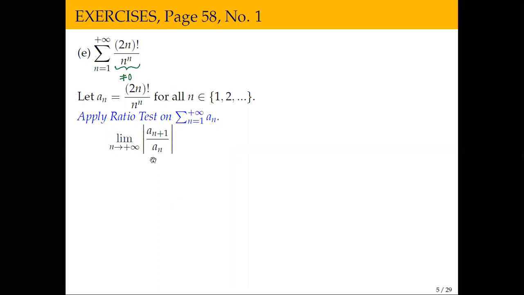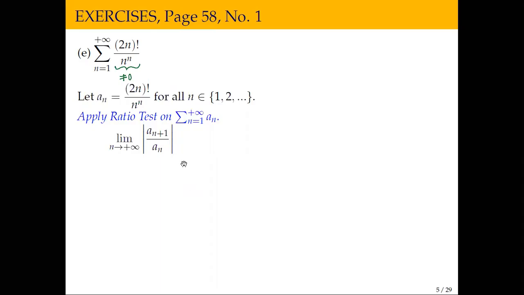If this limit turned out to be less than 1, then we say that this infinite series converges. If this limit turned out to be greater than 1 or is equal to positive infinity, then we say that this infinite series diverges. However, if this limit turned out to be equal to 1, then our ratio test is inconclusive.